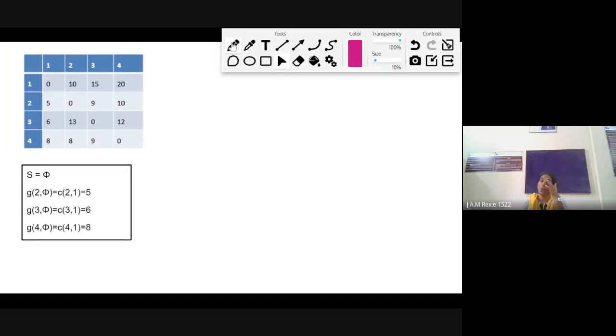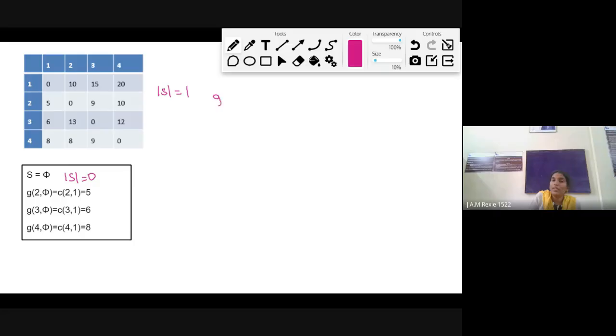Then we have to increase the problem size. That is, we have to increase the size of the intermediate vertex set to 1. Initially, the size of the intermediate set is 0. Now we have to make it 1.